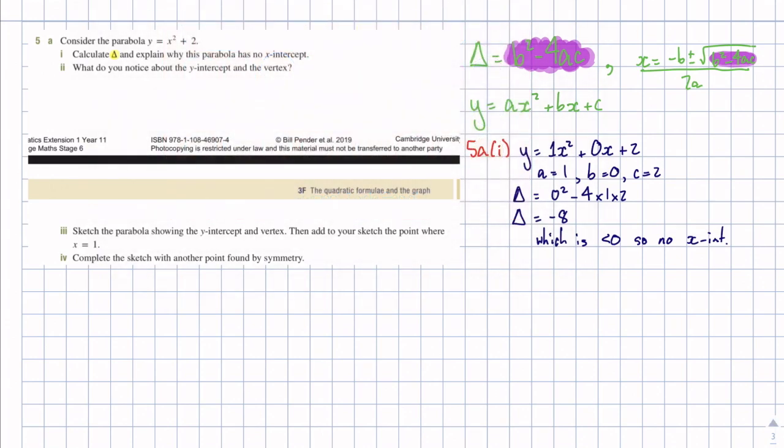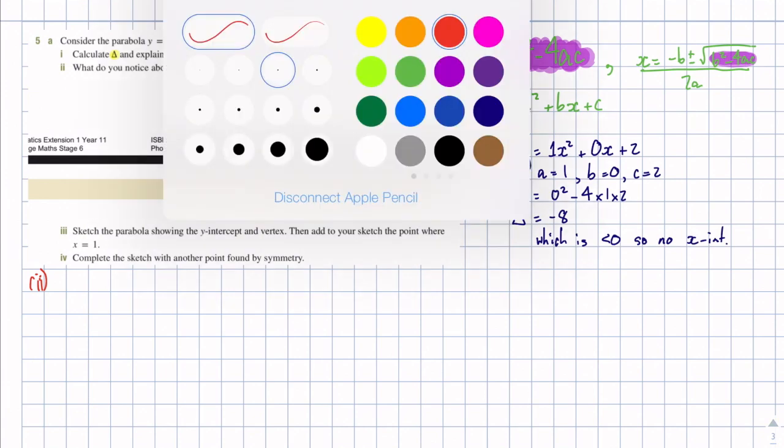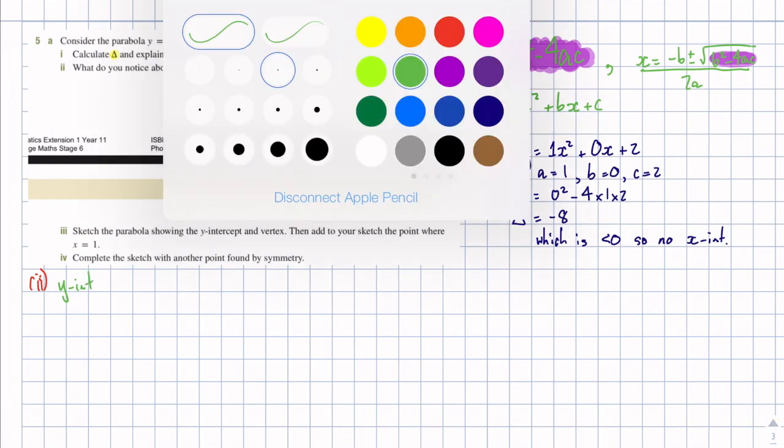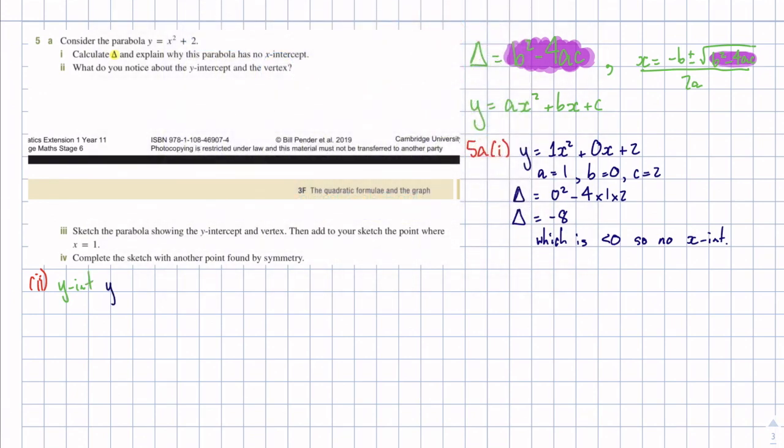For question A2, what do you notice about the y-intercept and the vertex? Well, I've actually got a hunch that they're going to be the same thing, but let's actually do that. So, y-intercept. Don't forget you let x equal 0. So y equals 0 squared plus 2, so it's going to come out as 2.